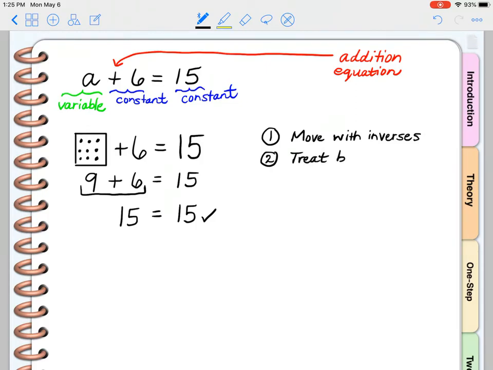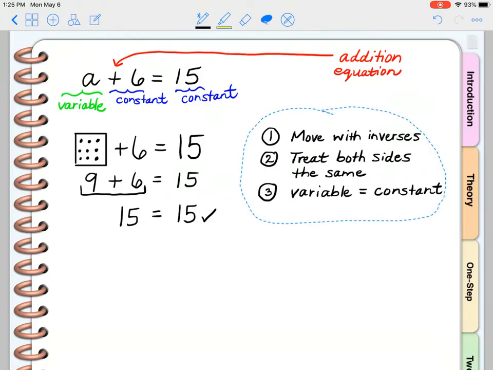So you treat both sides the same. Remember, I showed you if you add 5 to one side, you have to add 5 to the other side. They have to be treated the same. And our third goal is that we want a variable, one letter, equaling one number, or you can have it the other way, it doesn't matter, but that's how we know when to stop. I'm actually going to make a copy of that so I can use it on the next problem.